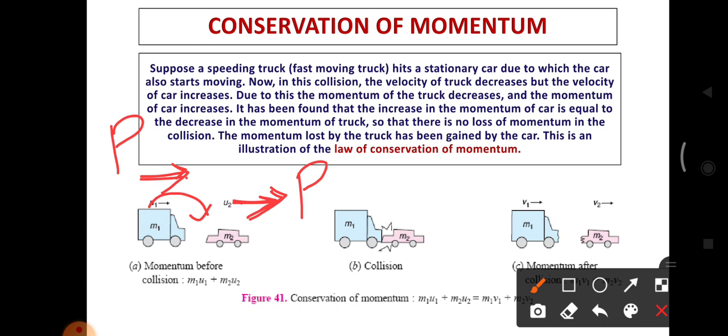But the increase in the momentum of the car is equal to the decrease in the momentum of the truck. So there is no loss of momentum between car and truck. So from this we can say that here the momentum is conserved. That means the momentum does not change. It is constant. If it is constant, we can use the word conserved.